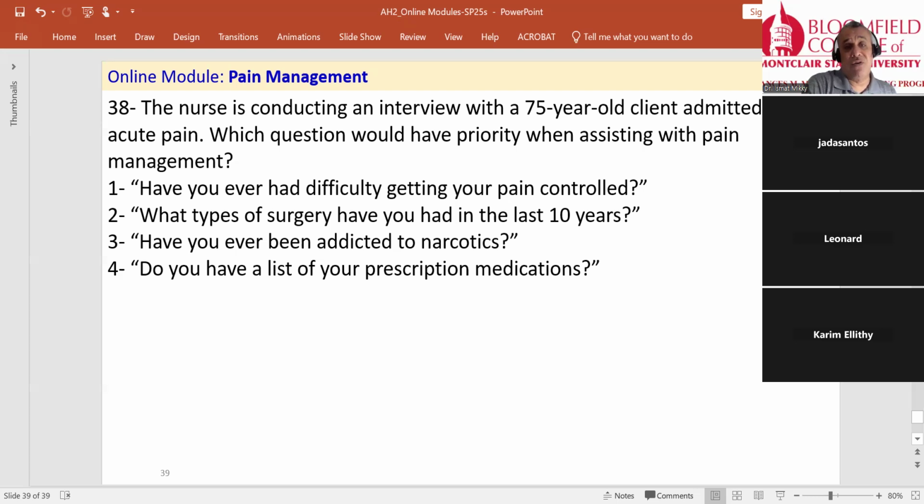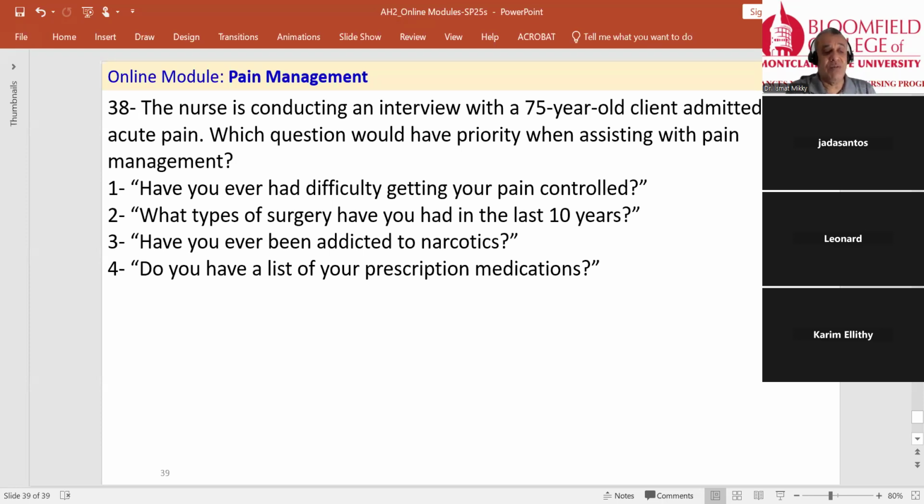What about previous surgeries? Previous surgeries would be pertinent information, but not for pain management. Number 3, have you ever been addicted to? Before asking this question, we should have specific information to suspect drug abuse. And the last one, do you have a list of your prescription medications?